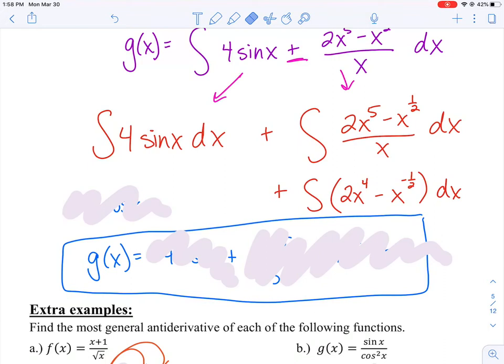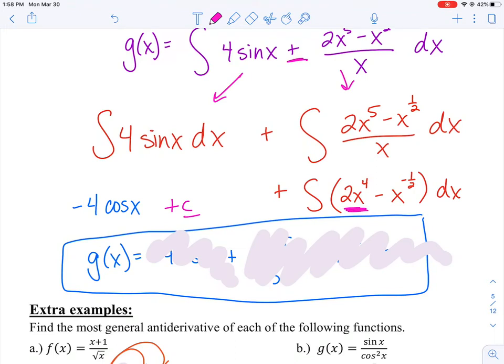For the first piece, the antiderivative of 4 sine of x is really negative 4 cosine of x. Yes, there is a plus c, but there's also going to be a plus c for my second piece, and so two numbers added or subtracted together is just going to give me another number in the back, and so I'm going to add my plus c at the very end when I do all my pieces.